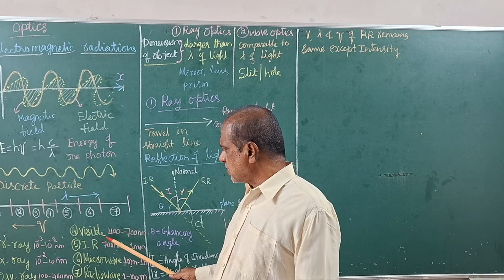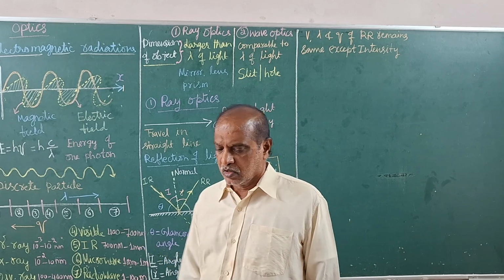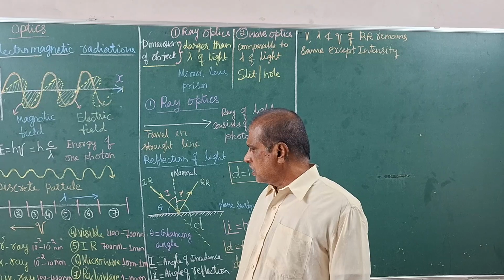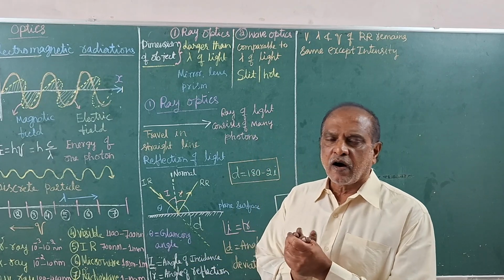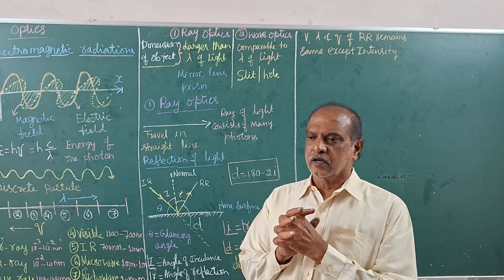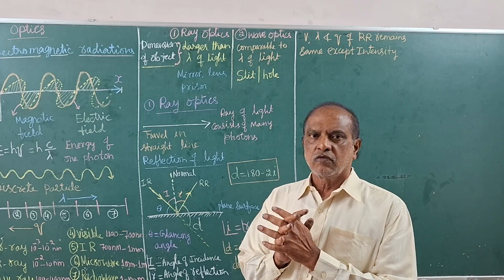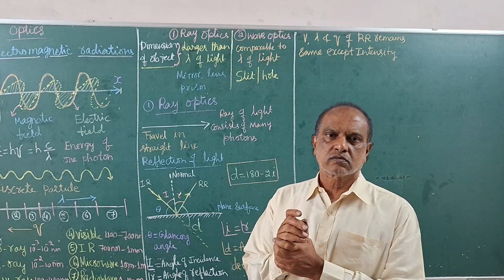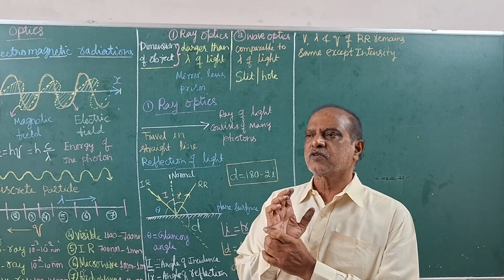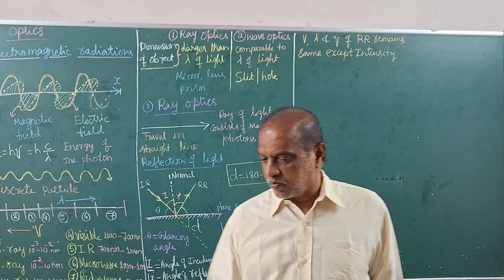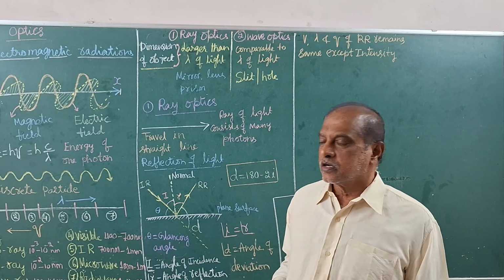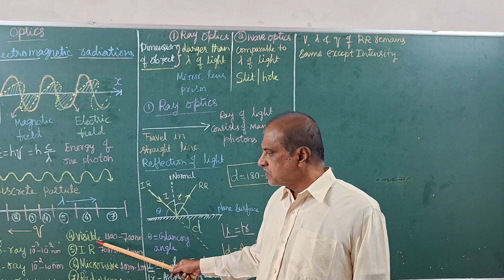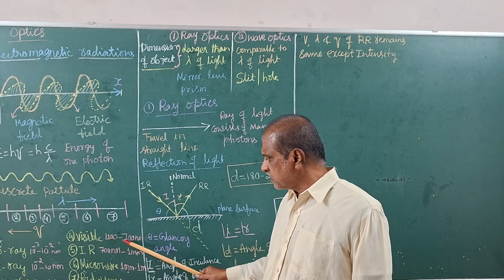The radiations of this wavelength are quite interesting, and we have an organ, the eye, a very important organ, which has some biomolecules specialized for sensing radiations having this wavelength.